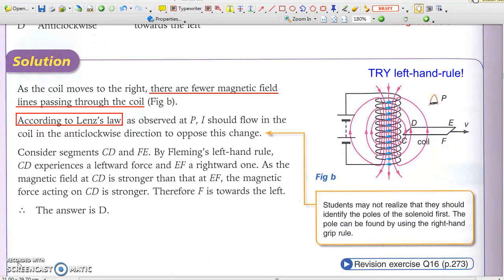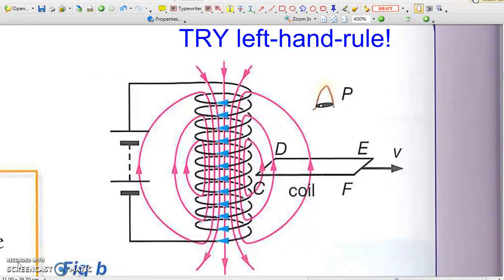And now let's check it using the left-hand rule to find the forces on the coil. So first, this is the induced current flow from E to D to C to F. Then this is the magnetic fields at CD and EF. You may notice that the magnetic field at EF is weaker because it is further away from the solenoid.